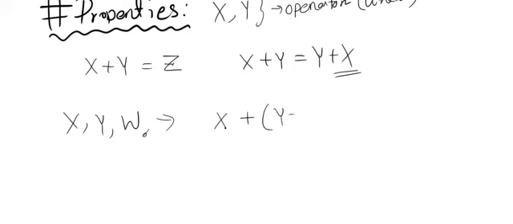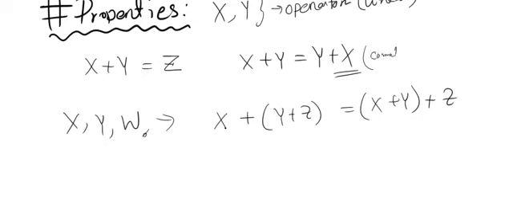That is, first you do y plus z and then you add x, which is equal to x plus y and then z. So these brackets don't matter. So this is the commutativity of addition, and this is called the associativity.